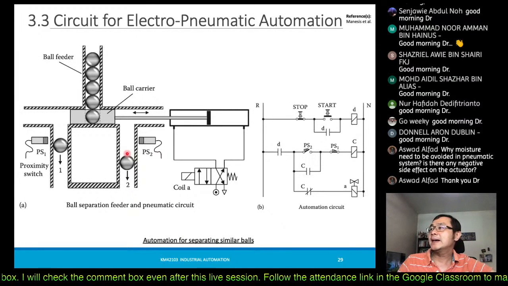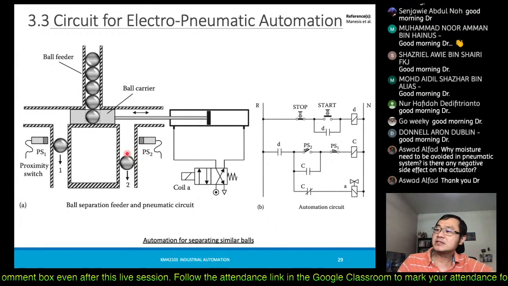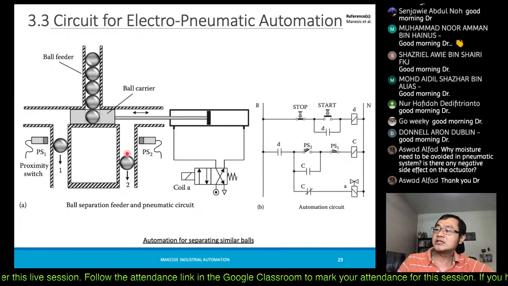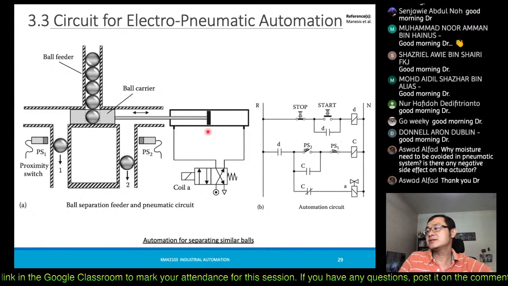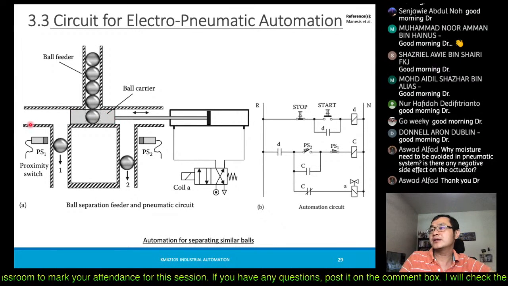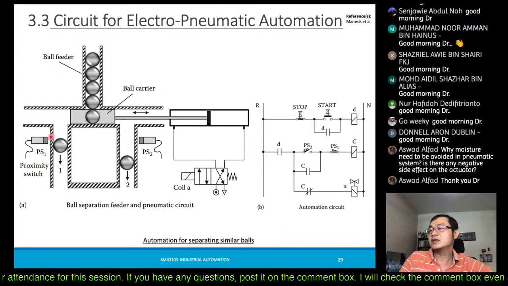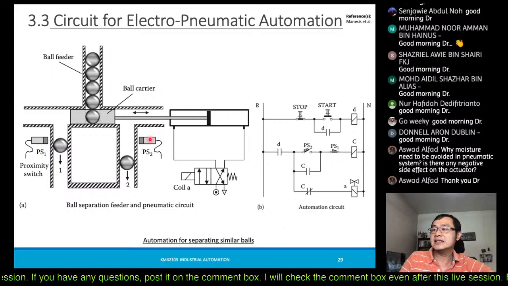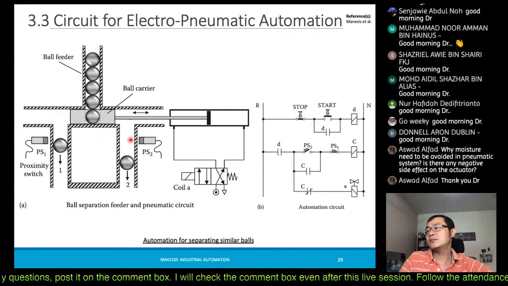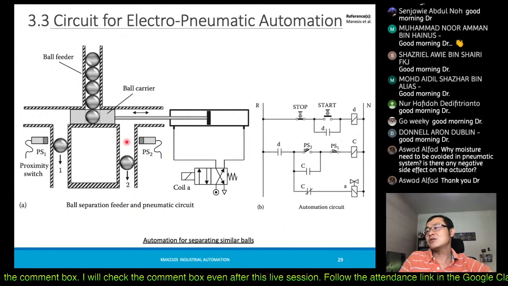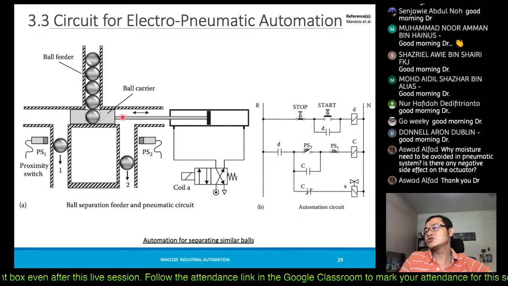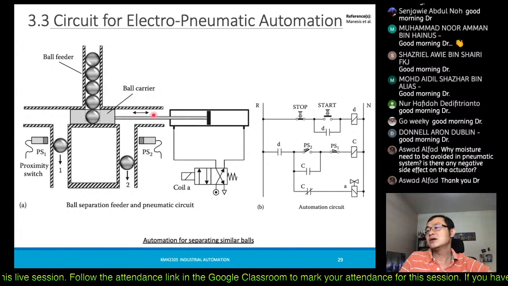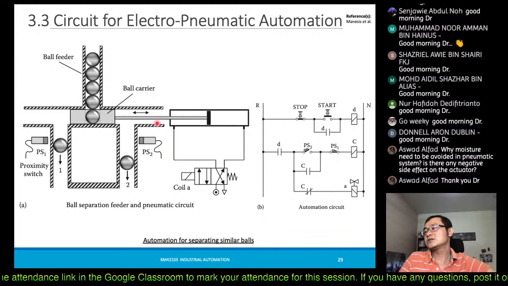Same thing with another example. This is an automation to separate similar balls. You can see that there is a piston just to separate the ball. And here we use a proximity switch to detect whether the ball size, or maybe the passing of the ball through gravity, will switch to different positions.